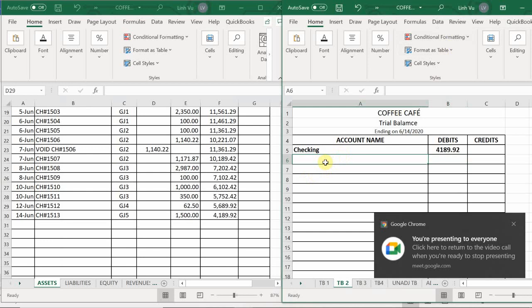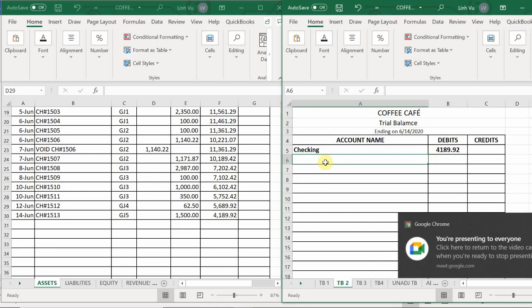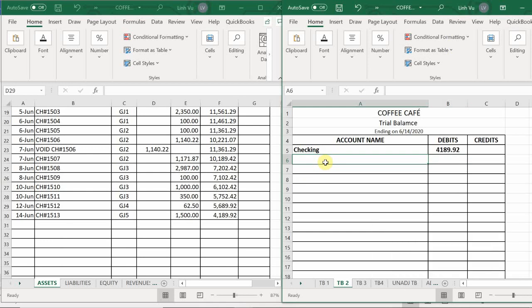All right, so here we are, checking, the very first account, $41,899.92.